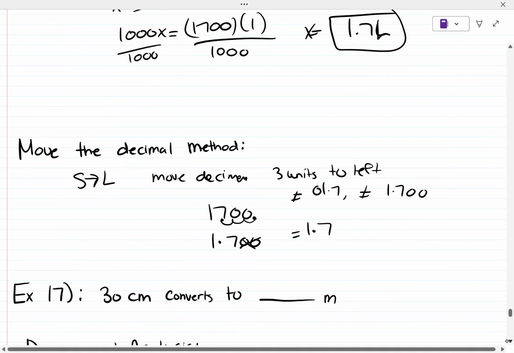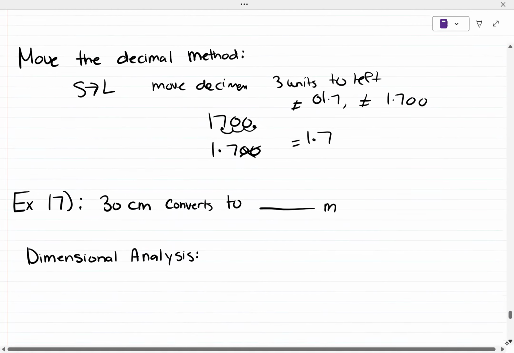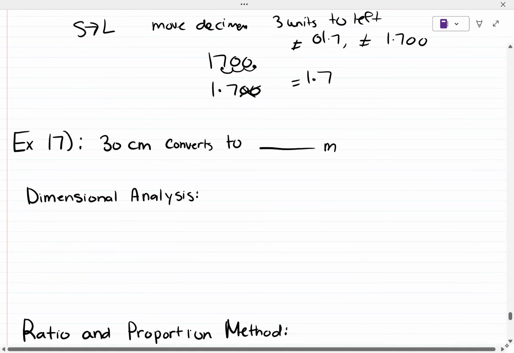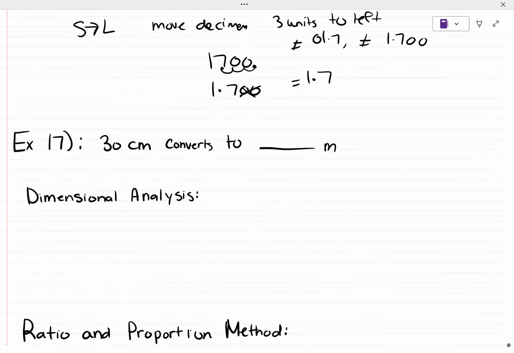Okay, a few more. Question 17. 30 centimeters converts to how many meters? So centimeters is pretty small, and then we're going to a larger unit, so dimensional analysis.